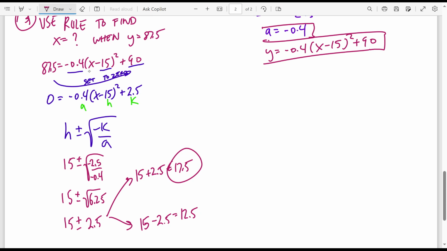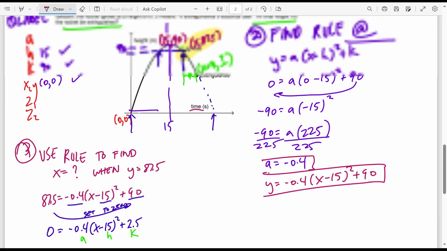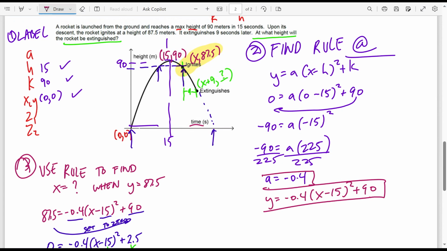Well, I wanted the bigger answer, so I'm going to accept the 17.5 and reject the 12.5. So we're only using one based on this scenario. And so the diagram, again, is what becomes super helpful to us. Now, last but not least, I'm going to take a look up here again. I can include what it is that I just found. So 17.5 was the x I was looking for, which actually means this was 17.5.